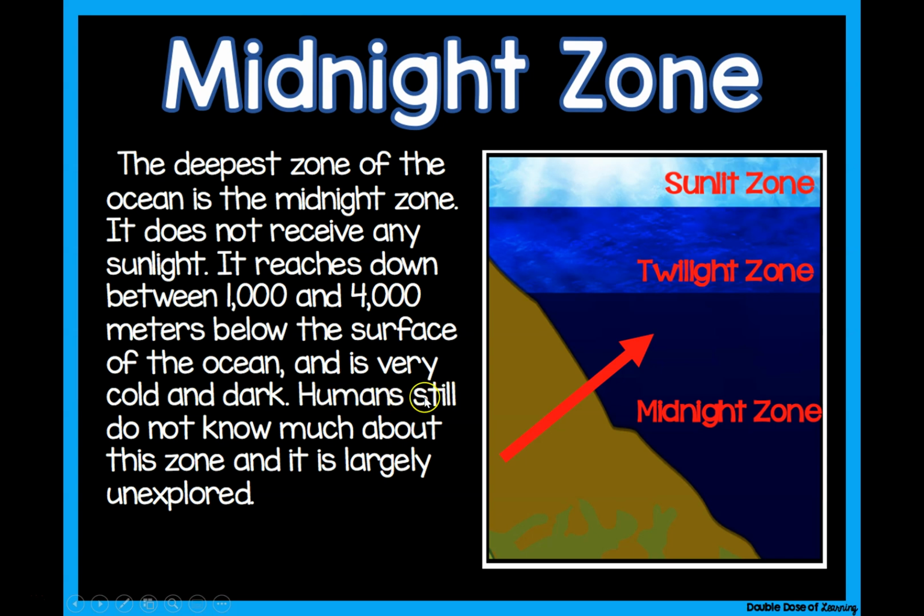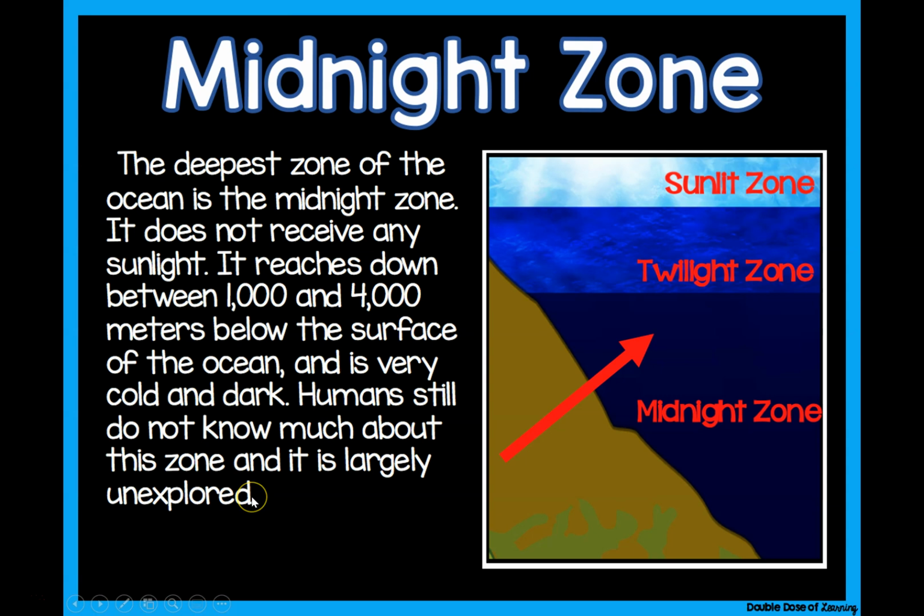Humans, like you and me, still do not know much about this zone, and it is largely unexplored. So this is the bottom of the ocean, and for the most part, we have no idea what's down there. We know a little bit, mostly from satellite images and from some submarine exploration, but for the most part, this is a place where we don't know what's going on down there.